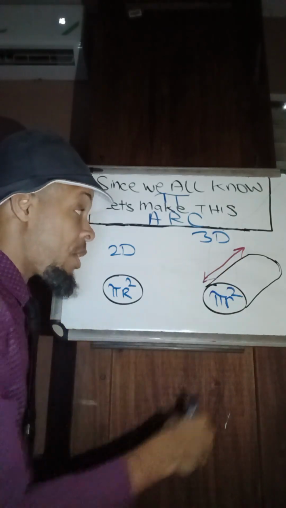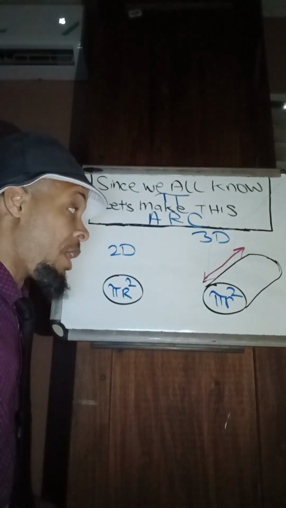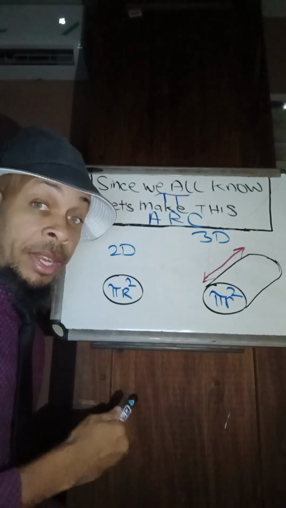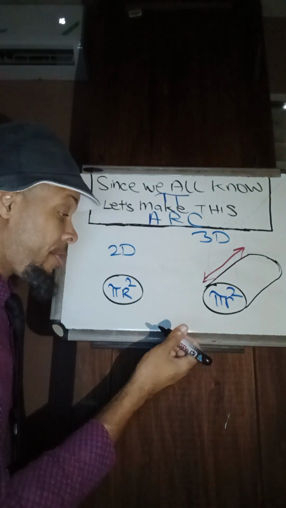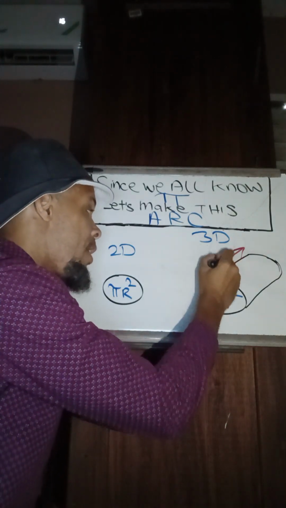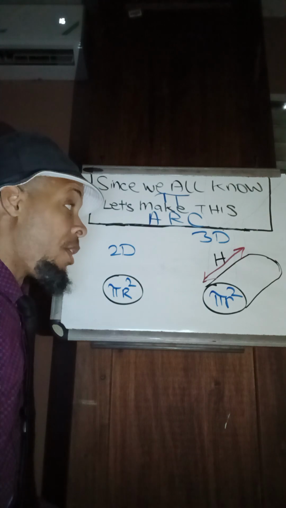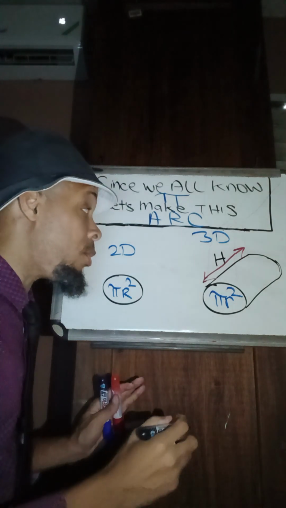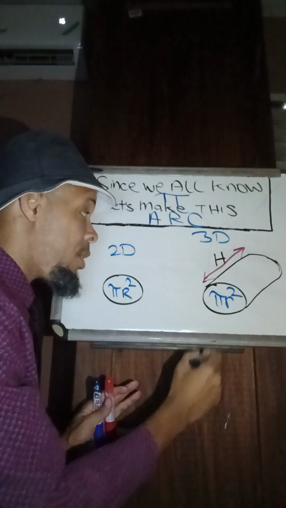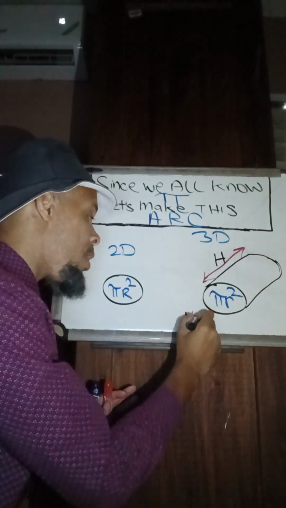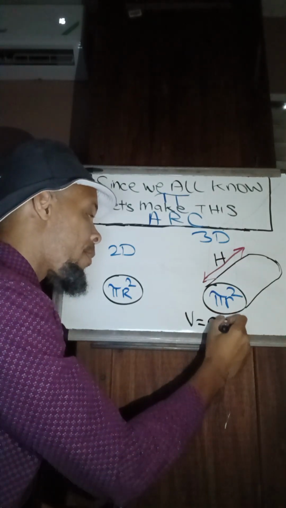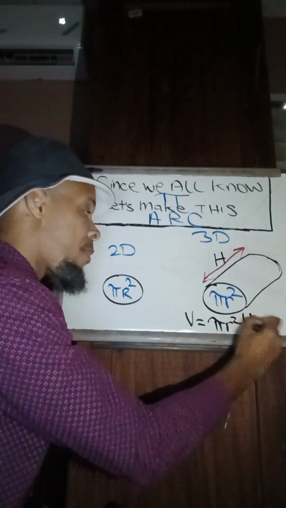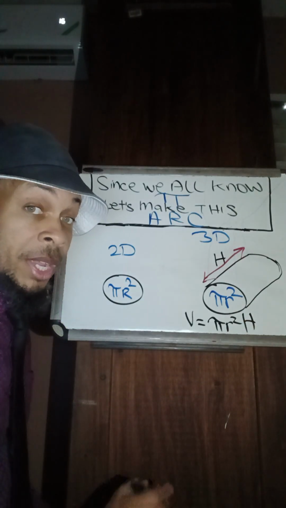Length times width is the area. So basically the area of a 3D figure is the volume. And so that is why your volume of this 3D figure is always going to be pi r squared h.